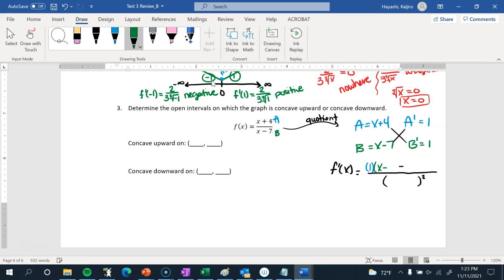So A prime, which is 1, gets multiplied by the original B, which is x minus 7. And I'll just put B prime first in the second term. B prime, which is 1, gets multiplied by the original A, which is x plus 4. And all this gets placed over the original B squared. That's the quotient rule.